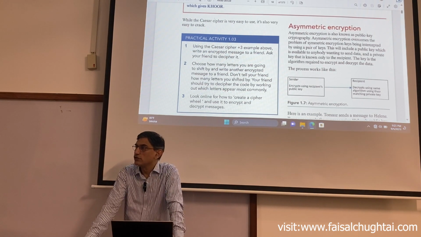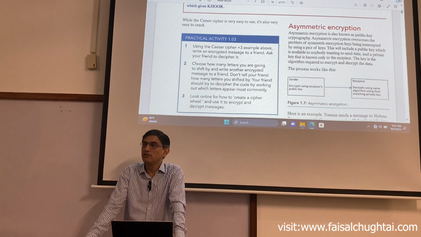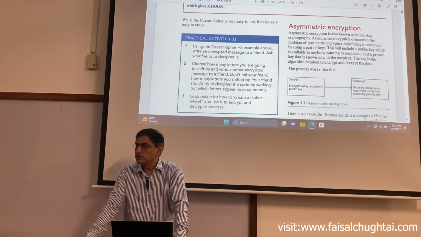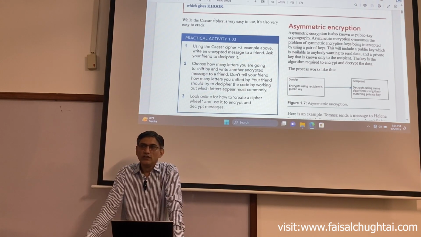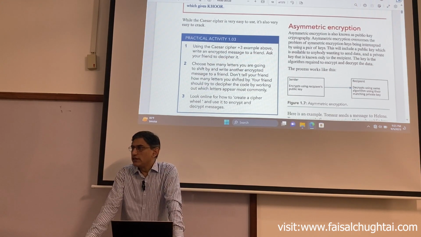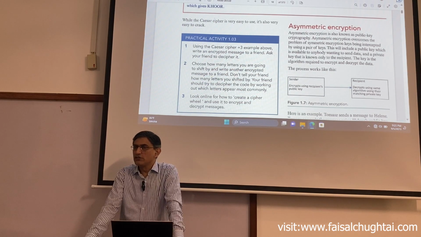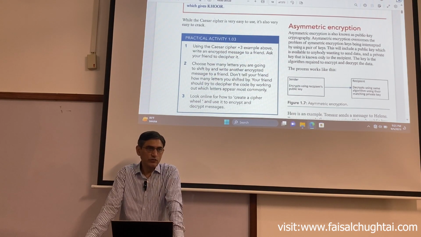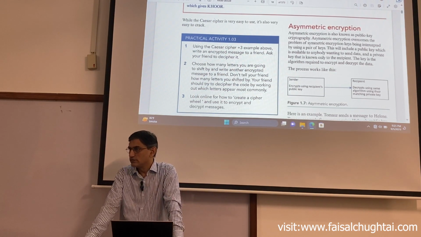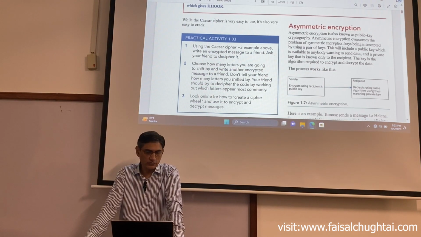And when the person is not able to understand what the data is, they will not be able to misuse it. And hence, all the negative consequences that may arise due to somebody getting hold of your data illegally and misusing it can be negated. You can save yourself from that if your data is encrypted.